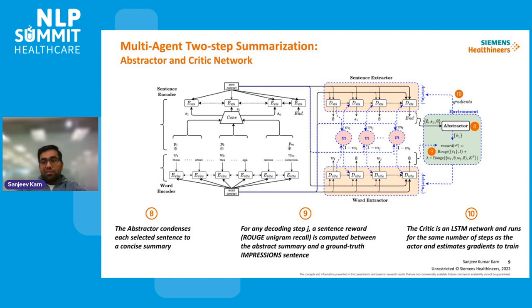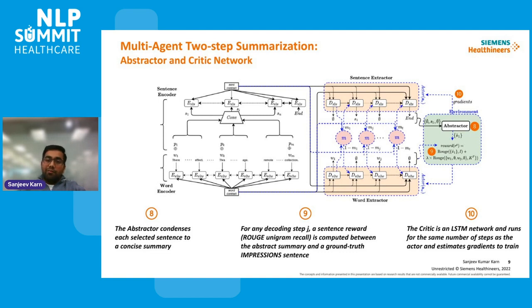multi-agent reinforcement learning. So here, at each step, if the sentence extractor is active, it selects a sentence and must receive a reward. It takes the selected sentence and passes it into the abstractor. The abstractor checks it against the impression, and if it has a match, it receives the reward.